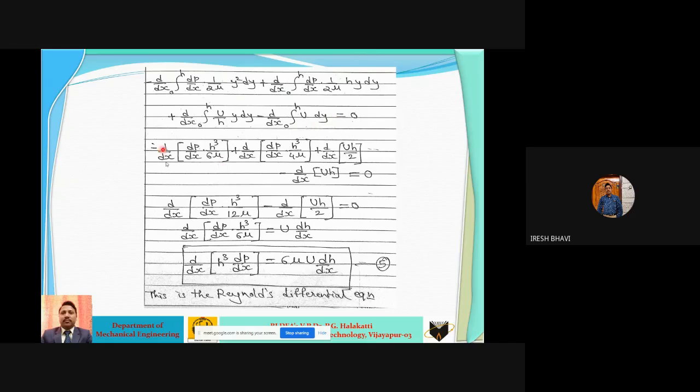Now let us simplify this one further, that is, let us integrate this one. So we'll get this quantity.